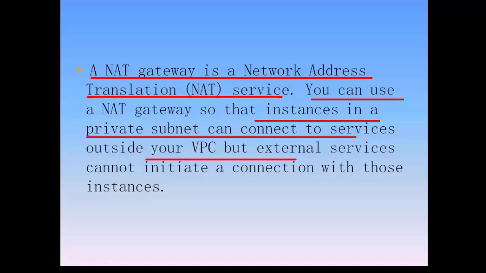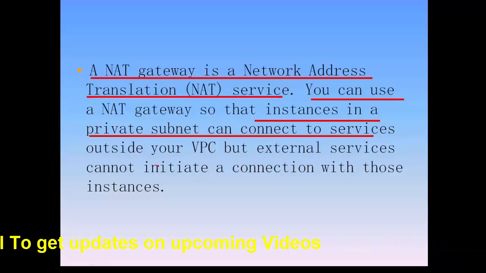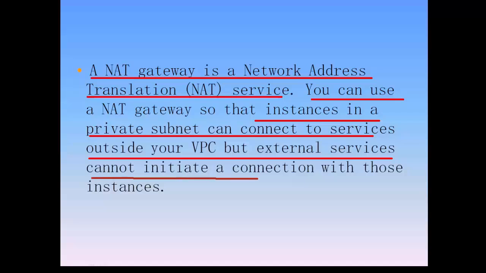Within the VPC, routing is already done, because the VPC works as a router, as I discussed in my last theory session and showed practically. So instances in the private subnet can connect to services outside your VPC, but external services cannot initiate a connection with those instances in the private subnet.